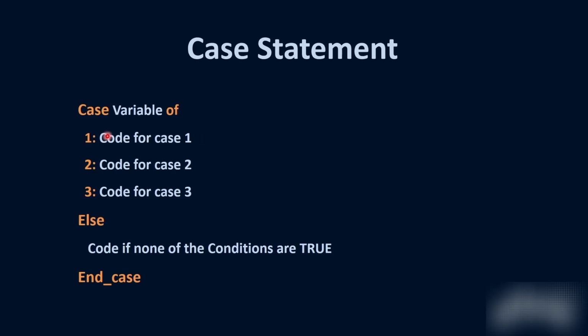Another control structure is the case statement. It works more or less like an if statement. However, it is mostly used when you have just one variable which can have different values. For example, in this case, we have the variable, and this could be an integer or something that could hold a number. If this variable is 1, then we execute this code. If it's 2, we execute the code for when the variable is 2.